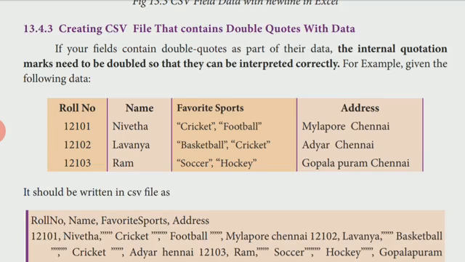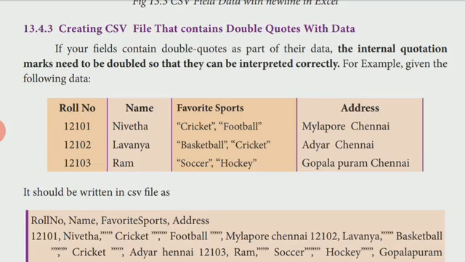For example, see here, for cricket and football we are going to use double quotes. Cricket should be enclosed within double quotes and football also enclosed within double quotes, like that they gave here. So this output should be there in your Excel sheet.